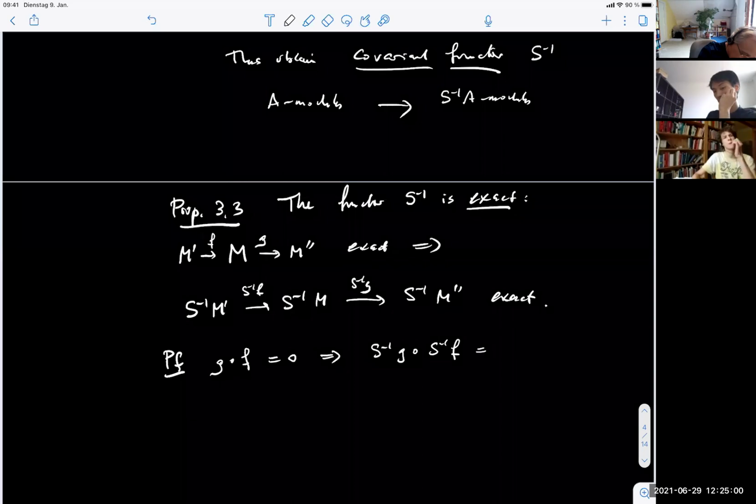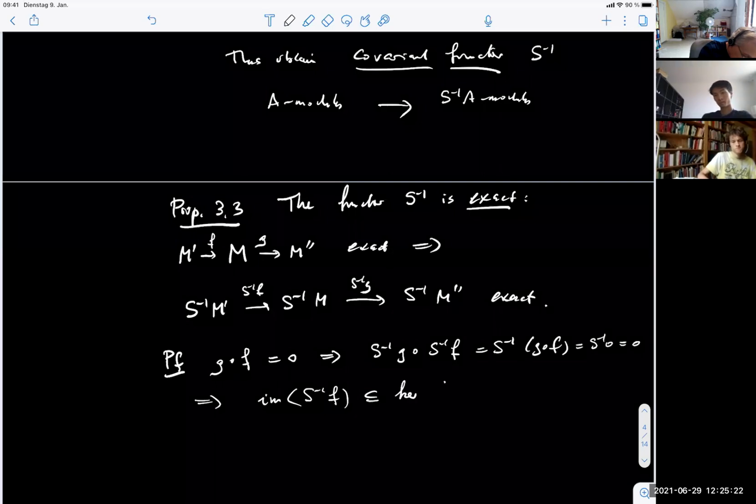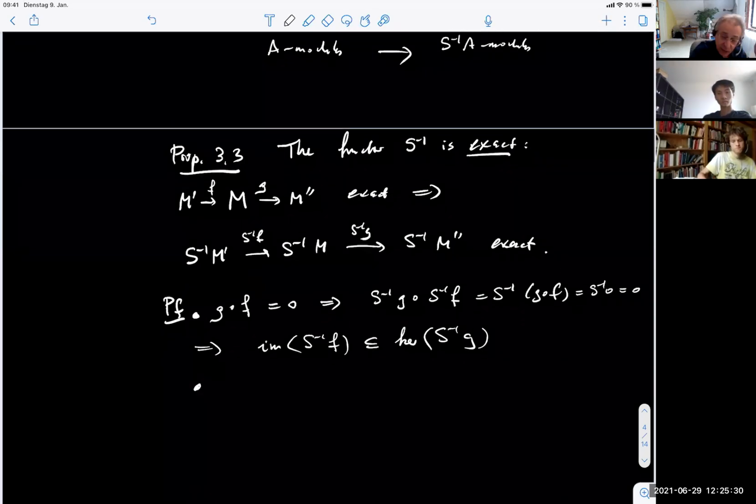Now this is S to the minus 1 of the composition, because it's a functor, and this is the localization of 0, which is the 0 map. So this means that the image of S to the minus 1 F is contained in the kernel of S to the minus 1 G. This was the first part of the proof. What I need to prove is equality. This was the easy inclusion. So now let's do the converse.